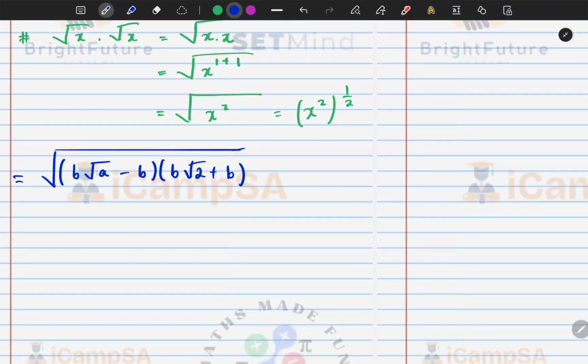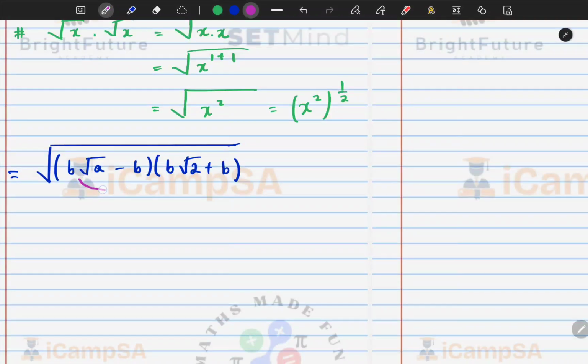And then we are going to try and multiply the brackets out. So this is going to multiply that, and it's also going to multiply that, and then this is going to multiply that, and it's also going to multiply that.